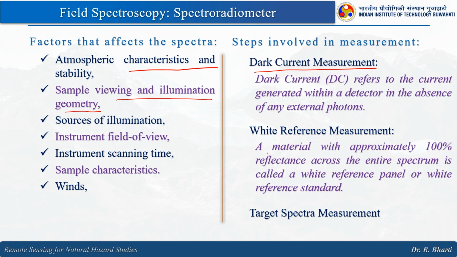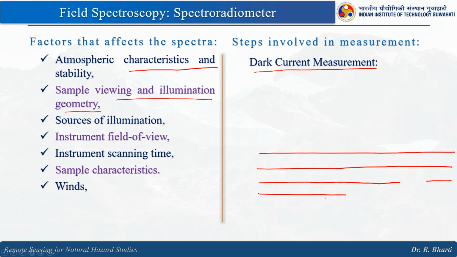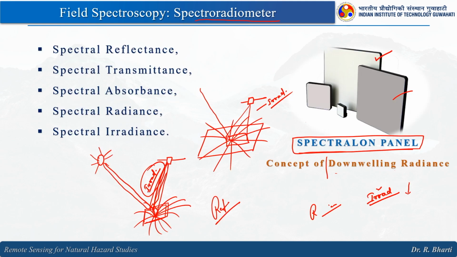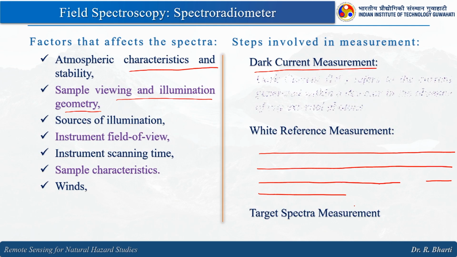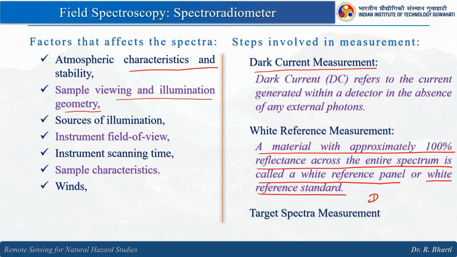Now comes the white reference. A material with approximately 100% reflectance across the entire spectrum is called a white reference panel or white reference standard. I showed you one example here: this spectral panel, also called a white reference panel. This white reference is used to measure the downwelling radiance, which is nothing but the irradiance.